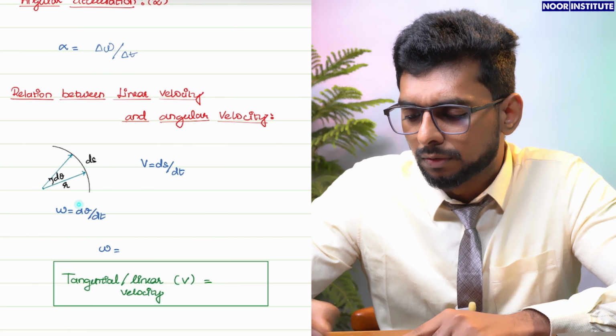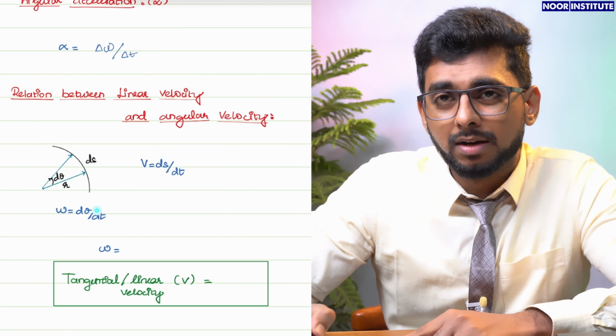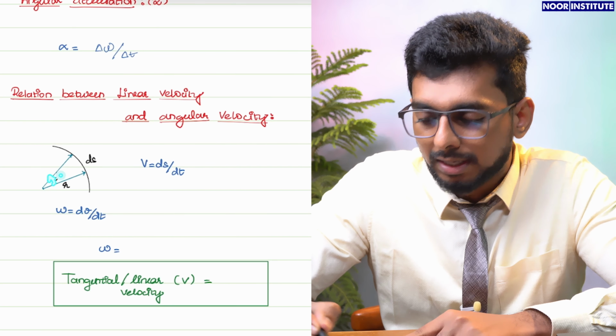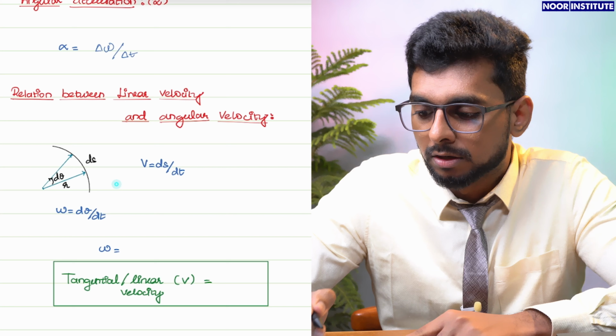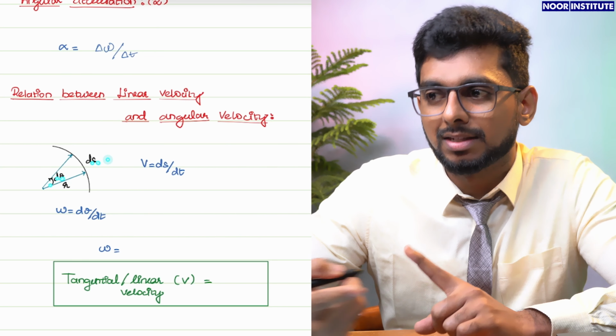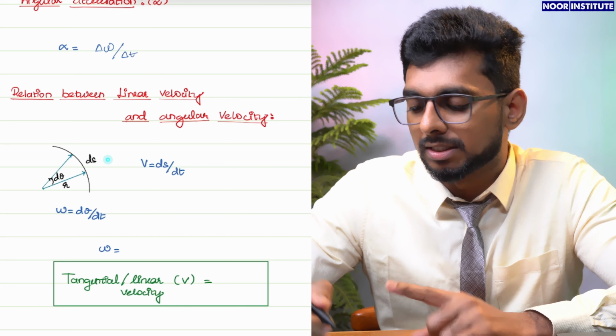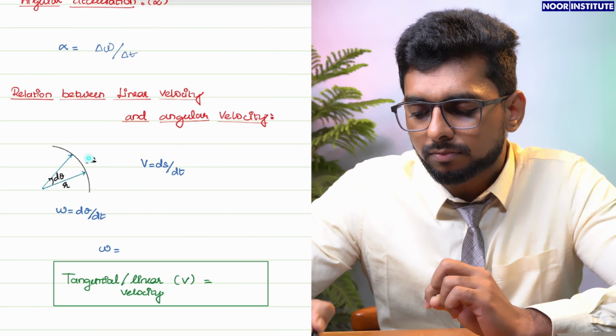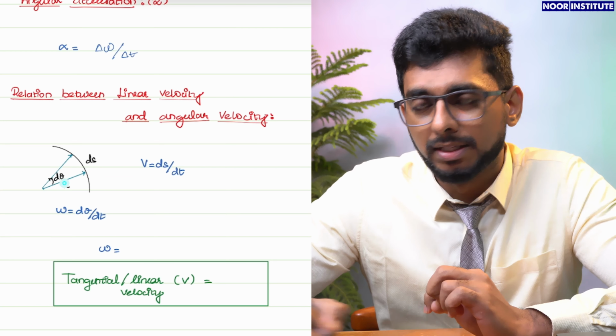To do that relation, we know that omega is nothing but d theta divided by dt, right? So d theta is the small theta that is swept in this case. So how should I relate theta and ds? This is a direct relation that we have learned in the first chapter, the units and measurements chapter, where to get theta, I just divide the curved length by the radius.